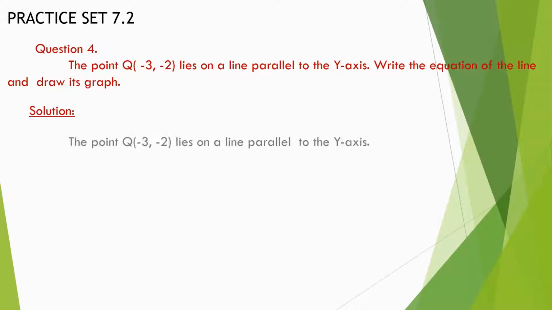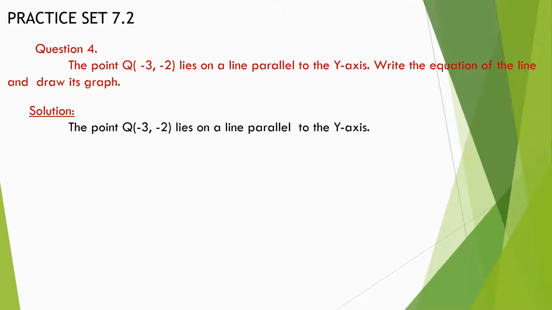Solution. The point Q(-3, -2) lies on a line parallel to the y-axis. You have already learned that if the x-coordinate and y-coordinate are negative, the point lies in quadrant 3. Therefore the point Q lies in quadrant 3.